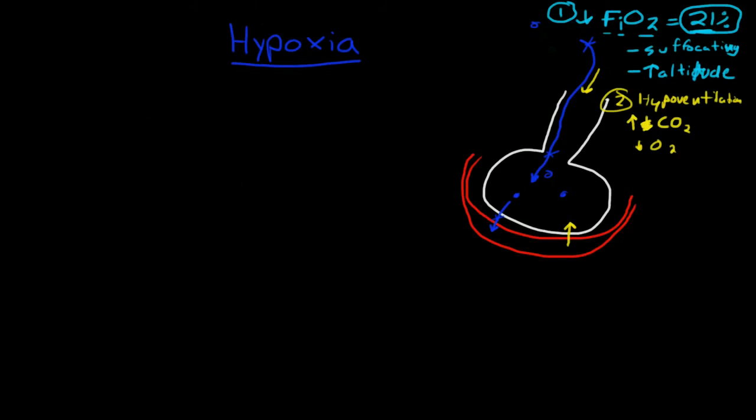The third thing that could happen is that there is just decreased blood flow past the alveoli, and if you decrease blood flow past the alveoli, there is less blood to exchange oxygen at the alveolar level. So you could have decreased cardiac output.